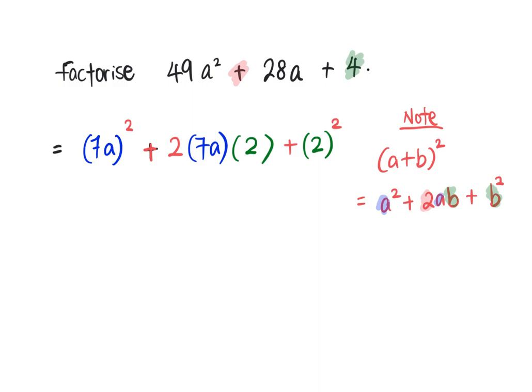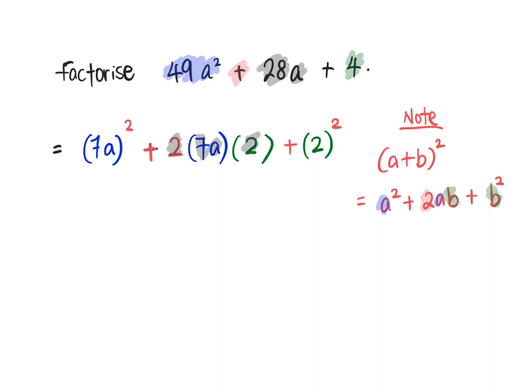And indeed, alright, so we have just now have gotten that 7a bracket square is my 49a square. Then, if I have a 2 times 7, 14 times 2, it does give me back my 28, and of course there is the a down there.